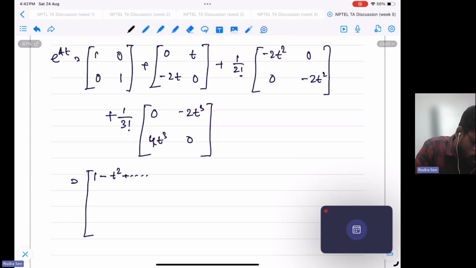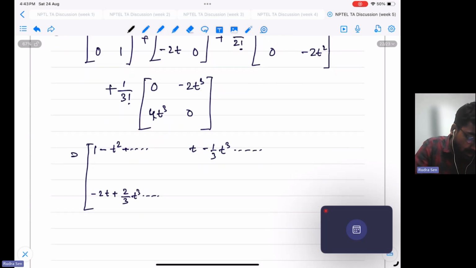Here what we get is t added with 2 by 6 minus 1/3 t cube, and it continues that way. Here minus 2t plus 4 by 3, 4 by 6, 4 by 6 means 2 by 3 t cube.